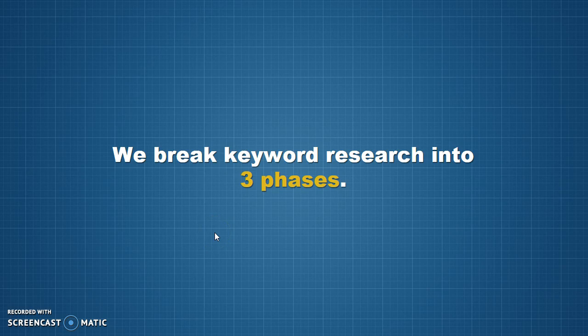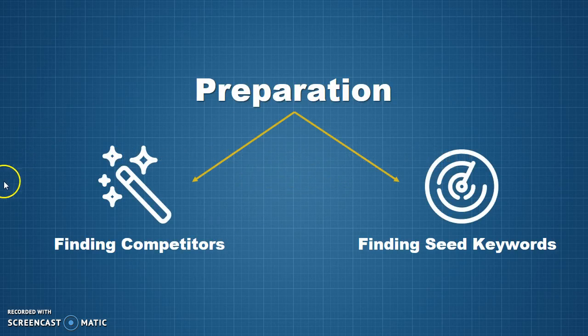How do we do that? We like to break keyword research into 3 phases. Here is the first phase: preparation. That is phase 1. For us, that means either finding competitors that we can use to identify some really good keyword opportunities, and we're going to show you how to do all the steps of that.